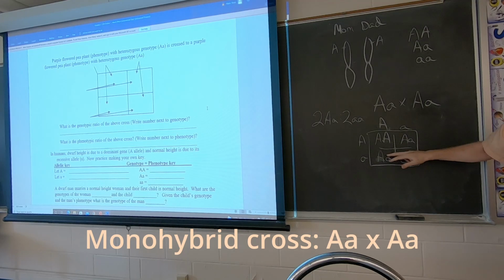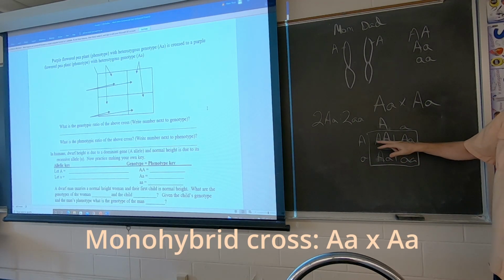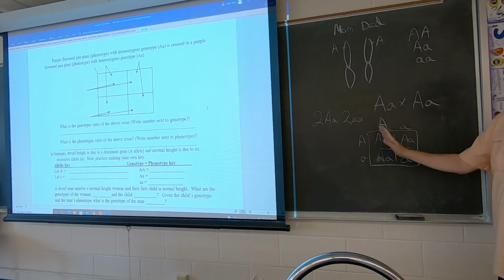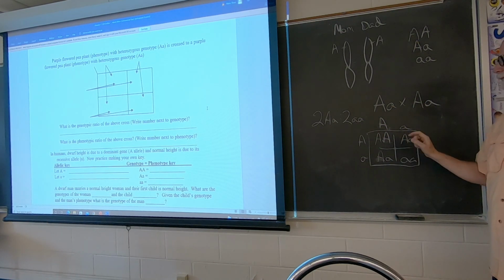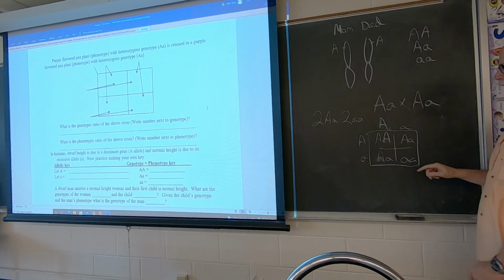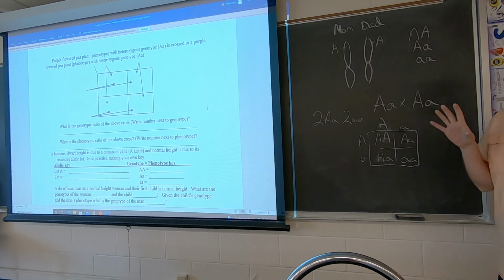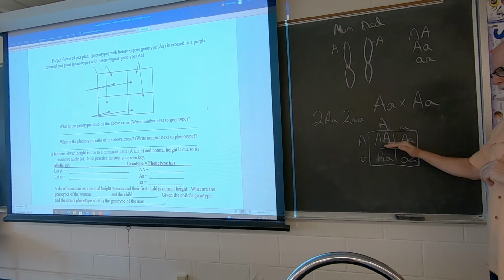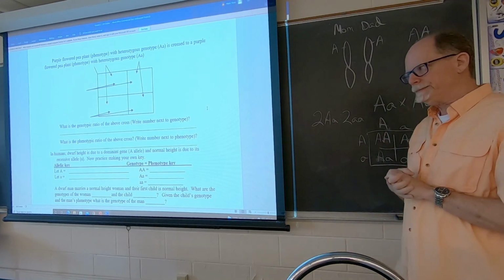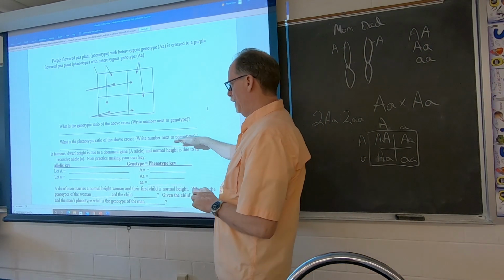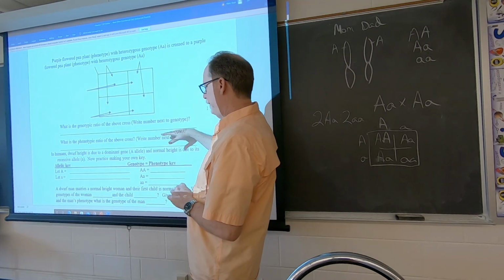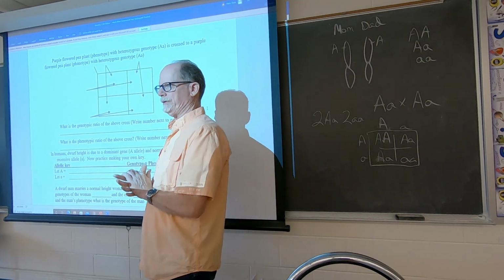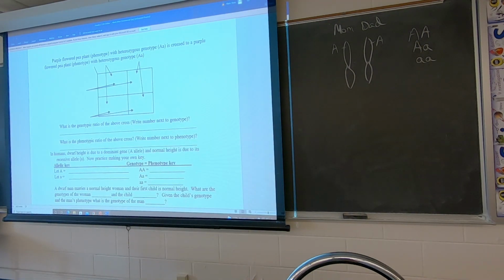Right, you get 3 are going to be purple, 1's white, and then the genotypic ratio is 1 big A, big A, 2 big A, little a, and 1 little a, little a. Right? So the number of the squares go for each of the genotypes. The genotypic ratio would be different than the phenotypic ratio in this case.